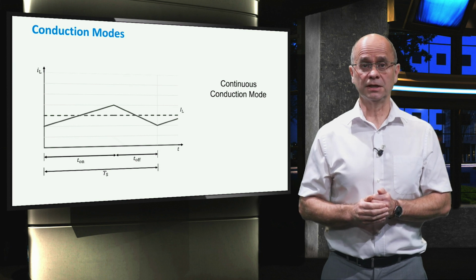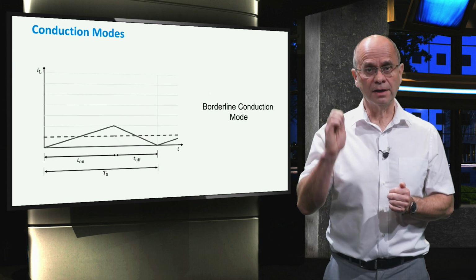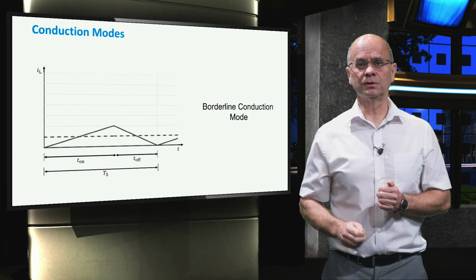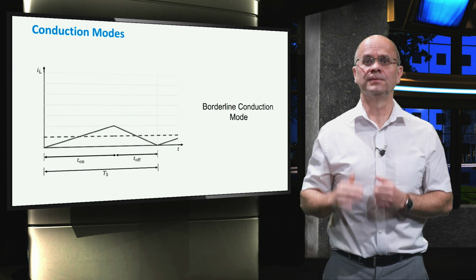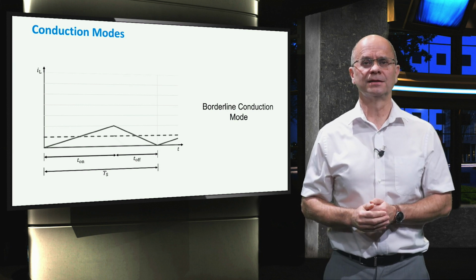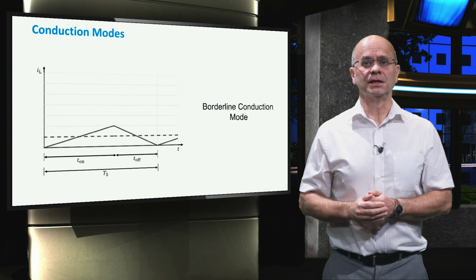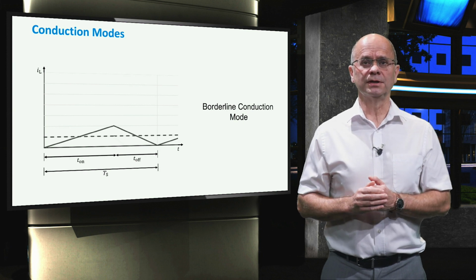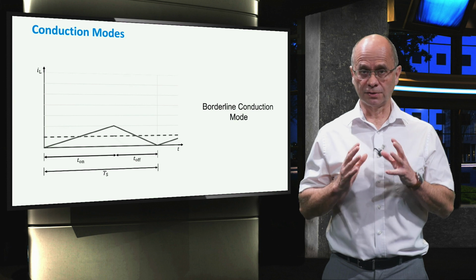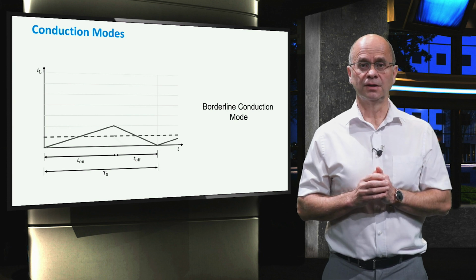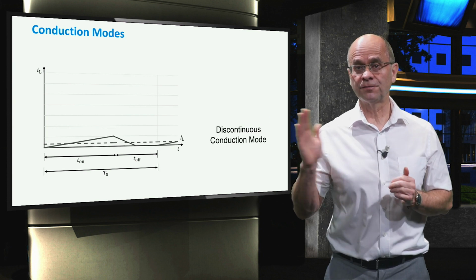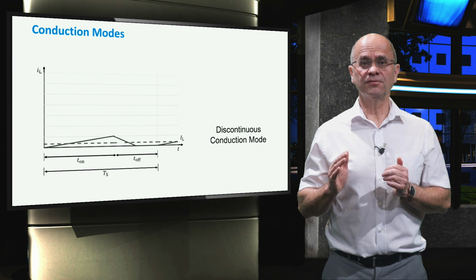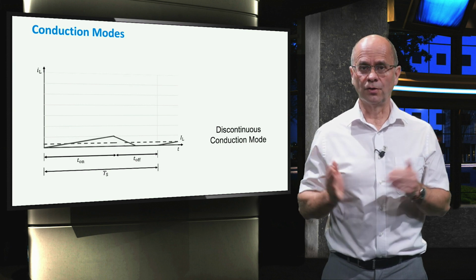When the resistance is increased to a specific value, the inductor current will just touch the horizontal axis. This operating point is called borderline conduction mode. If we increase the resistance even further, the average current will decrease even more.